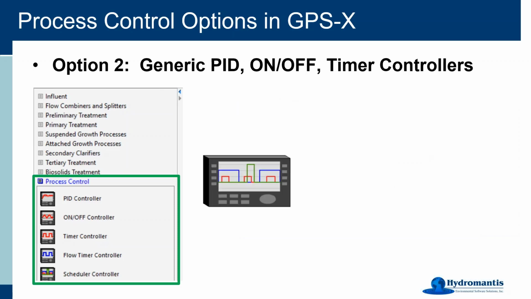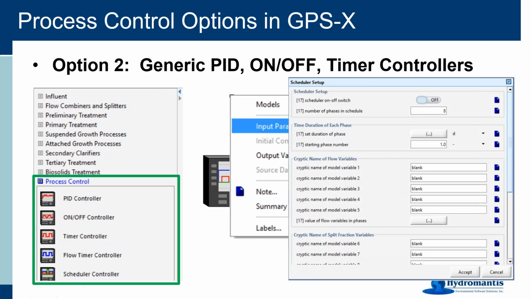And then that same timer actually has a flow timer version and a scheduler version. The scheduler version is actually basically just a whole bunch of timers combined into one system. And you specify a whole series of phases that various things can turn on and off.